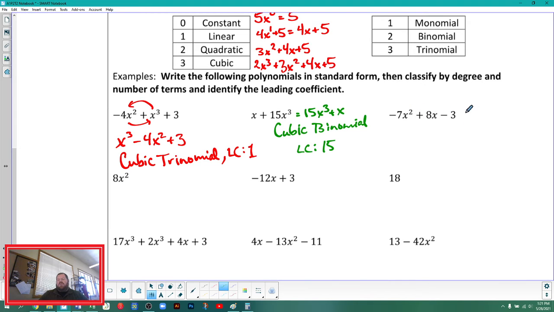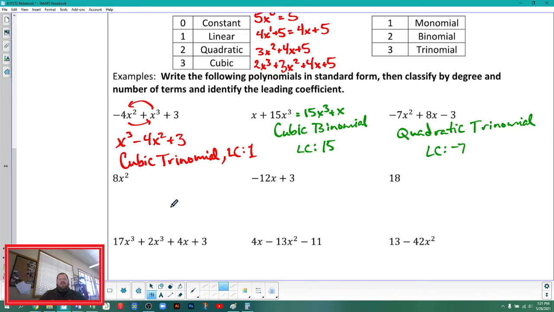Exponent of 2, exponent of 1, no variable. It is a quadratic because the highest exponent is 2. I got to spell that right. It's right there. You could have just read it. A quadratic. And there's 3 terms, so it's a trinomial with a leading coefficient of -7.